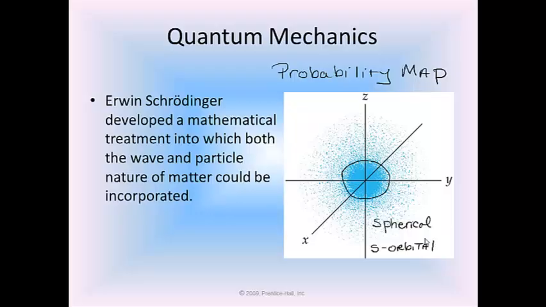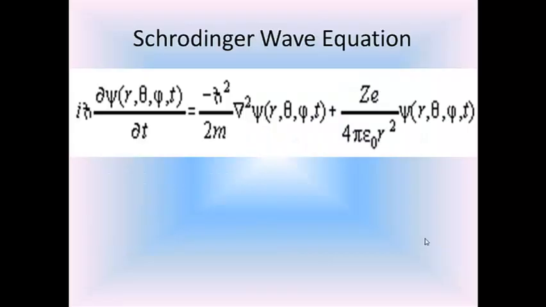I kind of equate them to scatter plots, and this theory that Schrodinger came up with is called quantum mechanics. This is actually the Schrodinger wave equation, and these are symbols from differential equations, from high-level calculus.